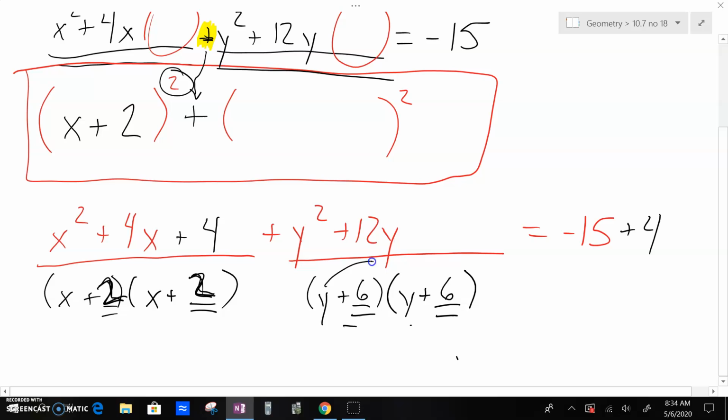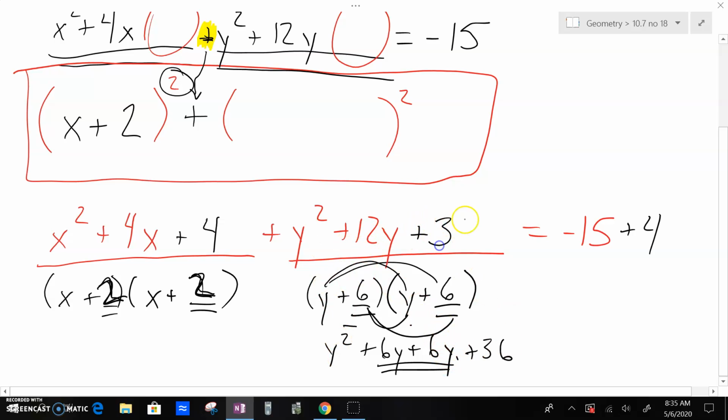If I do that arc now, I've got y squared, 6y, 6y. And again, those two middle terms, when you FOIL, if your numbers are all the same, they have to match. And then 6 and 6 is 36 when I do my last arc. 6 plus 6 is the 12. The y squared is there, and then the plus 36 is right here.